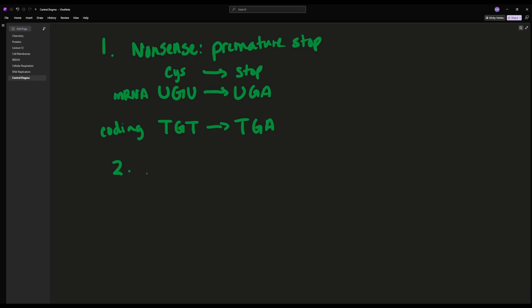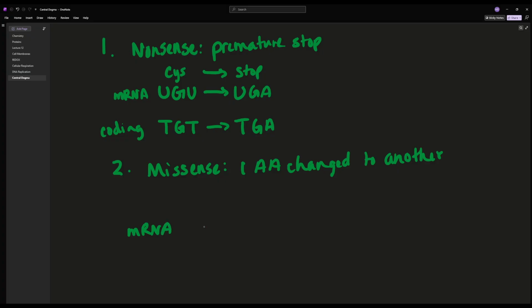Okay. The next thing that can happen is a missense. So it is still coding, but it's incorrectly coding. So what this means is we've changed one amino acid to another. So again, UGU is the cool example.